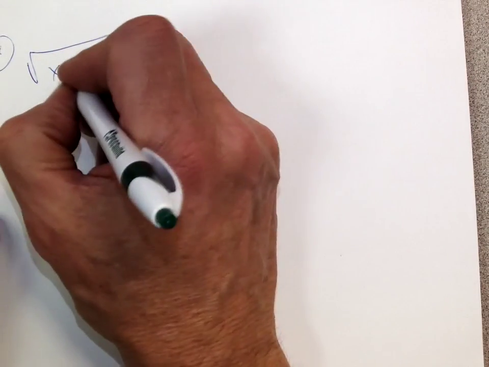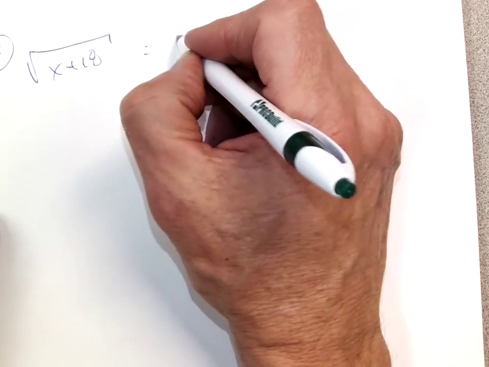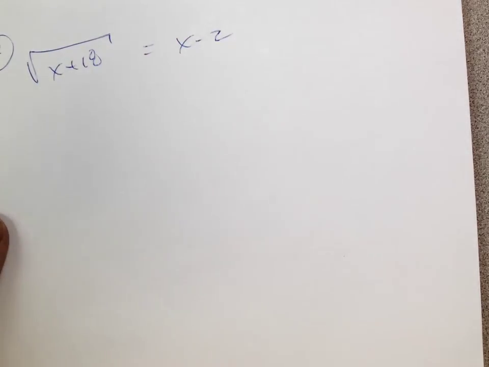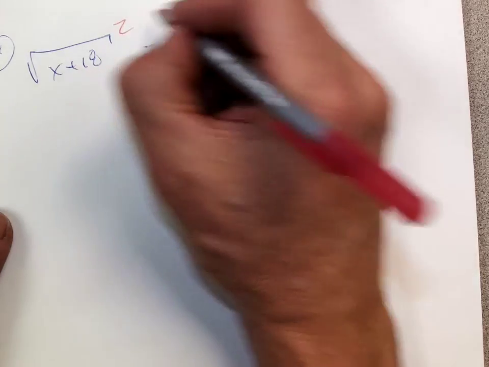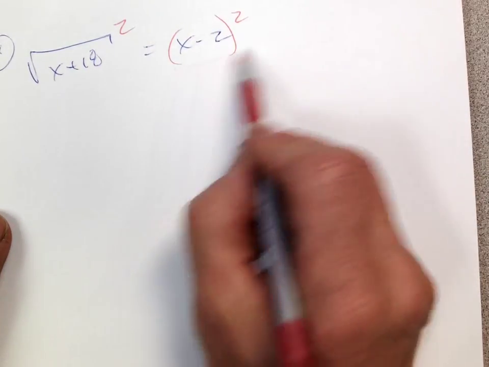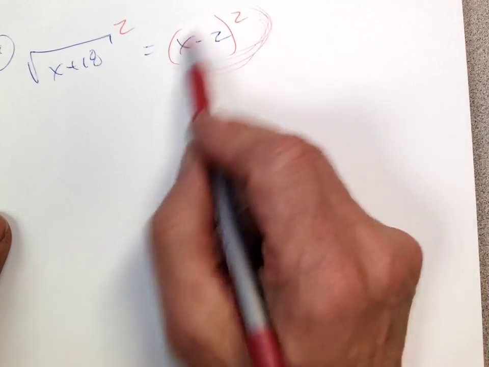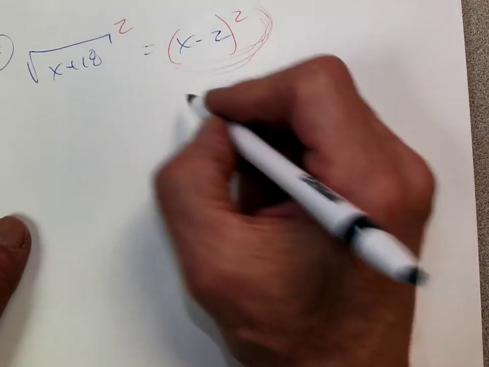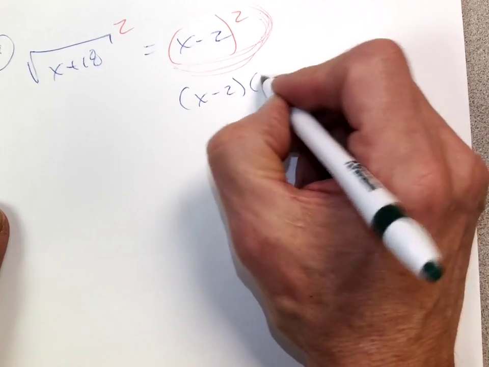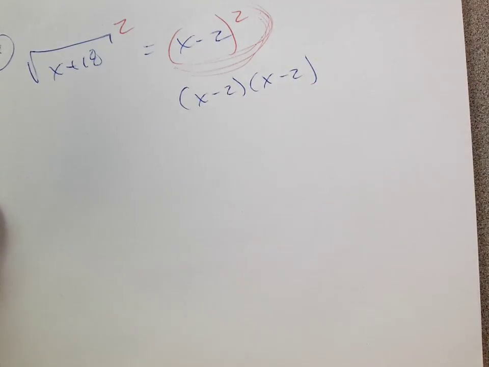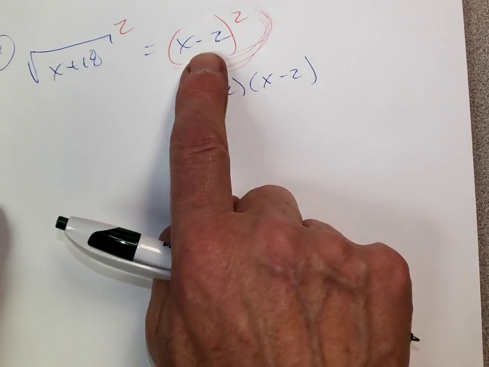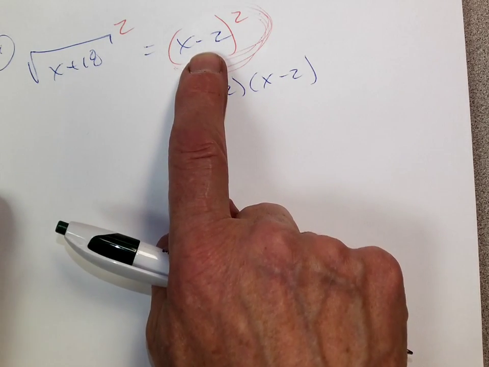24. Here we go. We've got square root of x plus 18 equals x minus 2. Okay, well, what makes this one hard? Well, when you square both sides, you're going to have to square this, which means you really have to write it as an x minus 2 times an x minus 2. That's what makes this one hard. Because when you square it, it means multiplying it times itself, right?